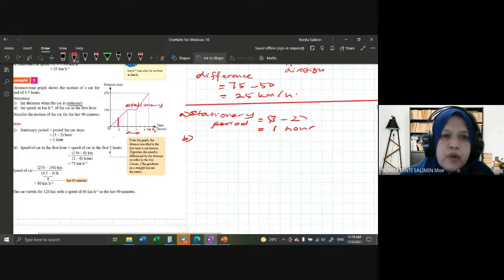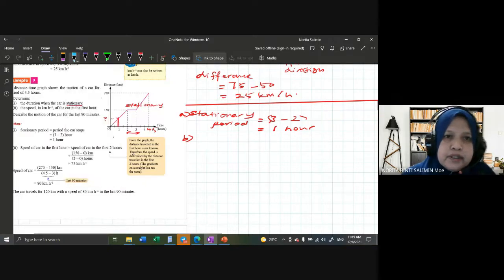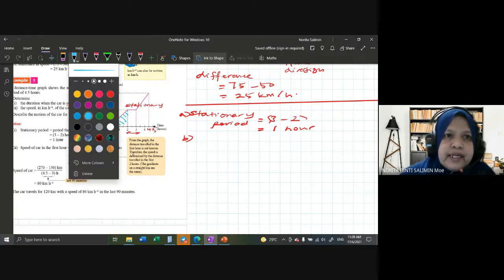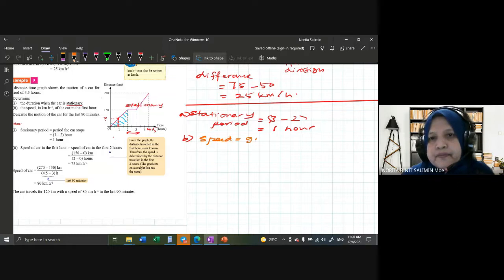We don't know the speed or the distance here, but we can still use the big triangle that I have highlighted. Gradient means speed. Speed is the gradient, which is kecerunan. That means y divided by x.